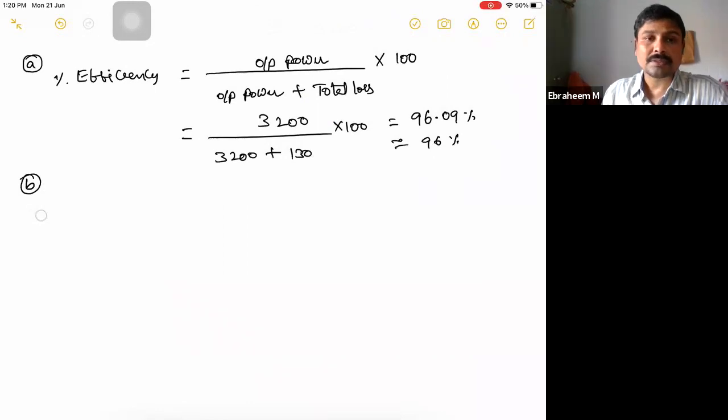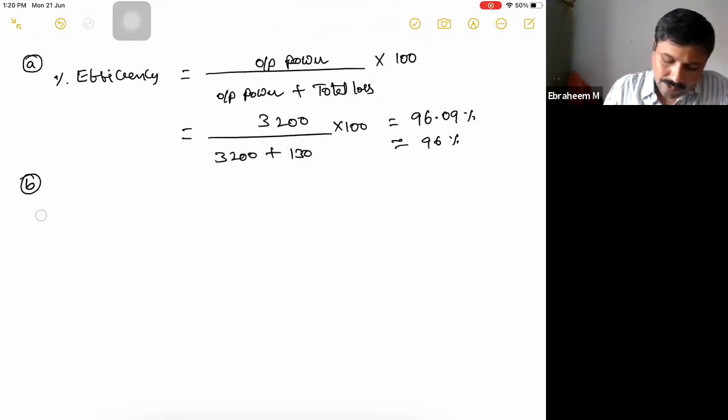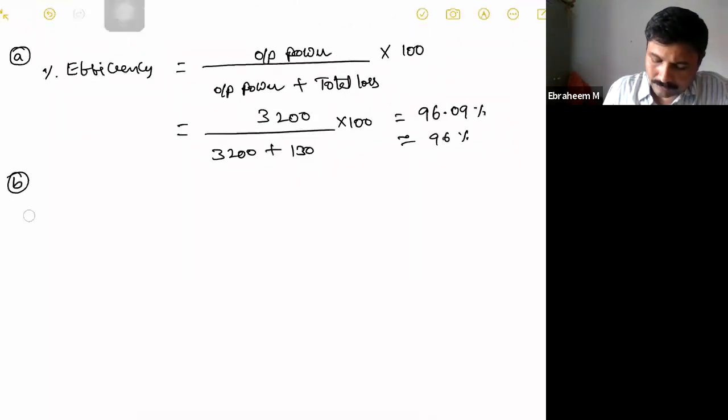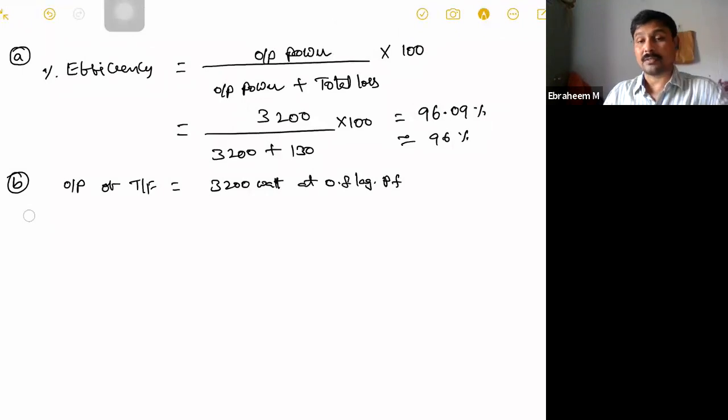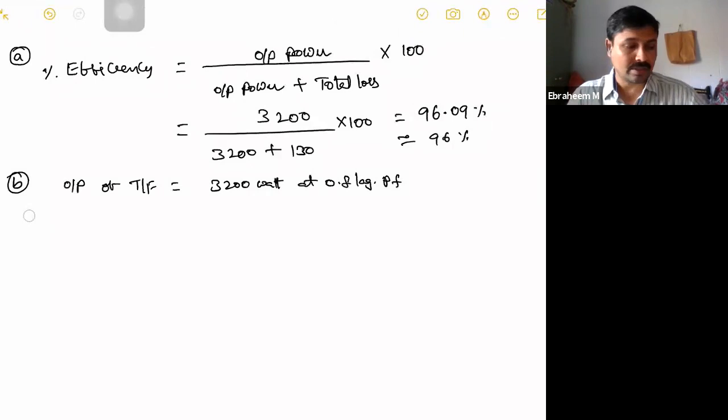Okay. So what is the output here? Output of the transformer is 3200 watt at 0.8 lagging power factor. So don't worry about the lagging power factor.